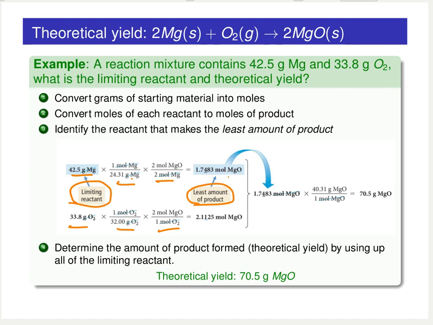Once we have that molar quantity of product that is formed from the limiting reactant, we can then multiply by the molar mass of that product to get our final prediction, which is the theoretical yield as to how much magnesium oxide we can form if we use up all of our limiting reactant.